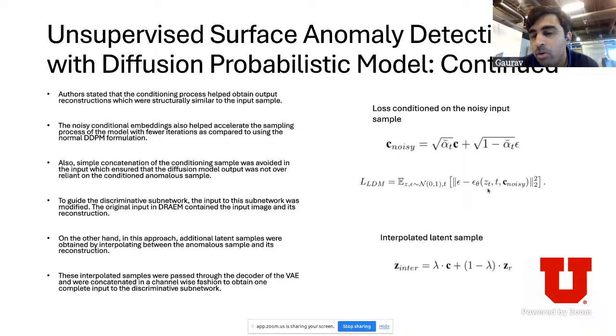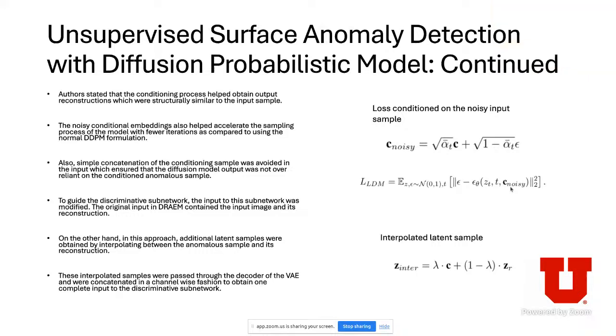At the present moment, the method is unsupervised. As a result, it uses simulated anomalies as the noisy condition vector on which the noise is learned. It should be possible to condition it on an abnormal noisy sample, but at the present moment the noisy condition vector was the simulated anomaly.